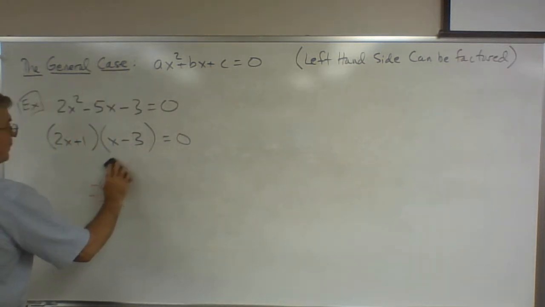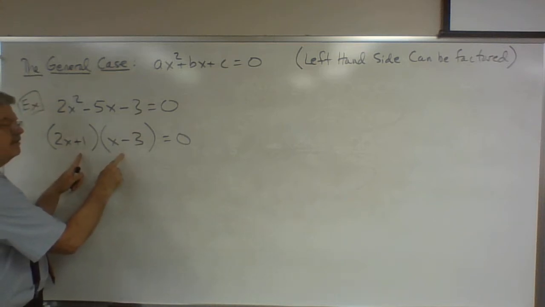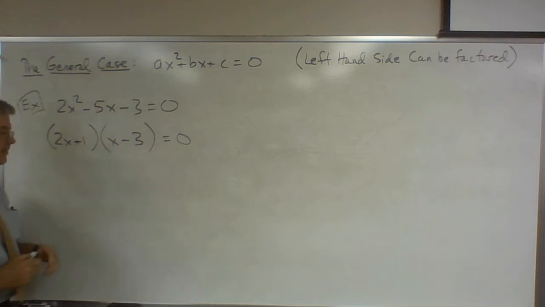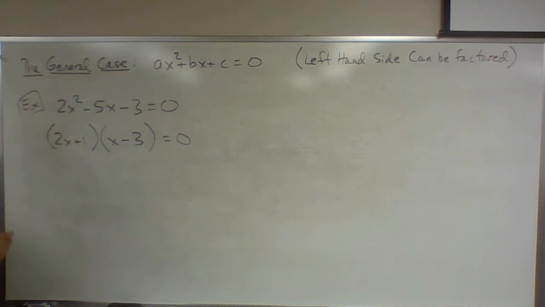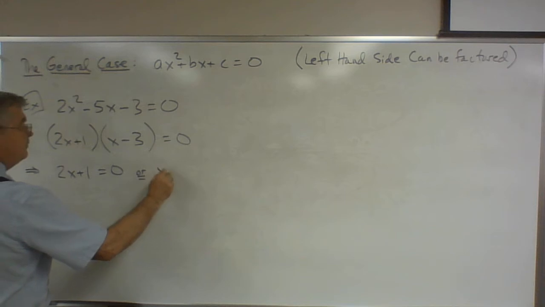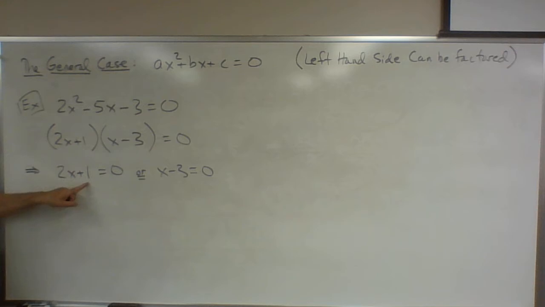Now, what we have is a product equal to 0. The zero product property or the zero factor property tells us that one of these two factors has to be 0. So either 2x plus 1 equals 0 or x minus 3 equals 0. And we'll take each of these equations separately and solve for x.